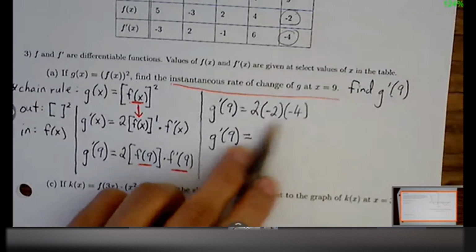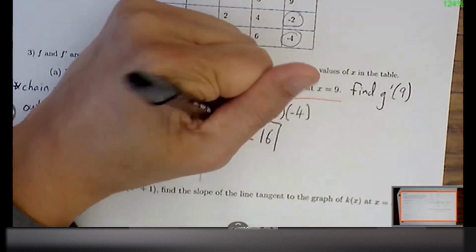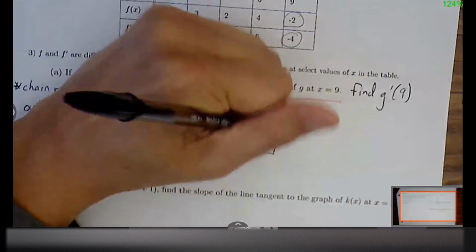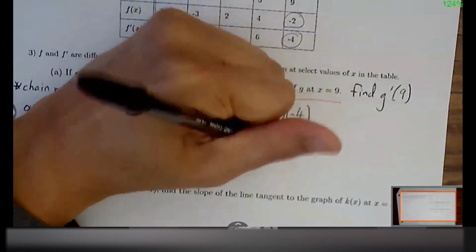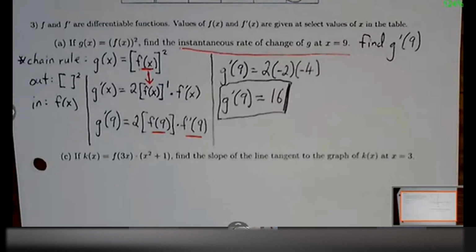Okay, -4 times -4 is 16. Okay, any questions there?